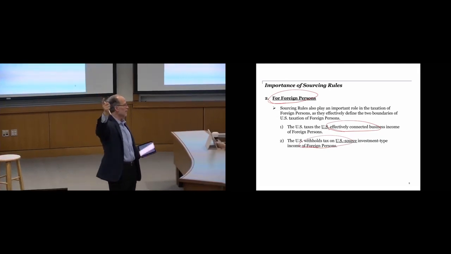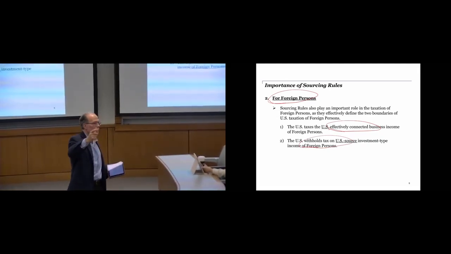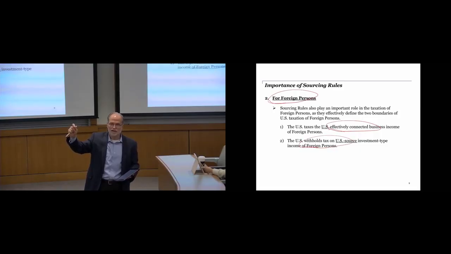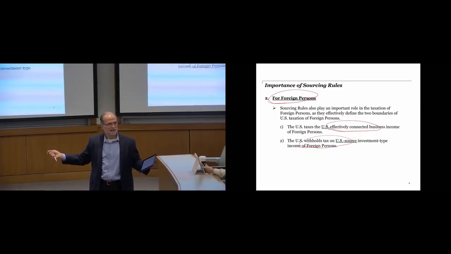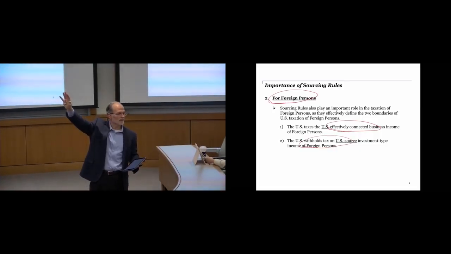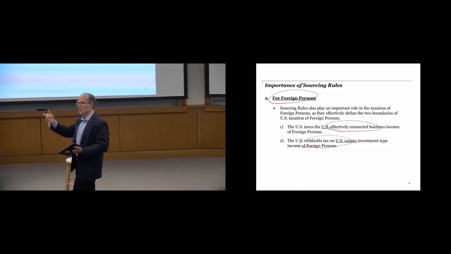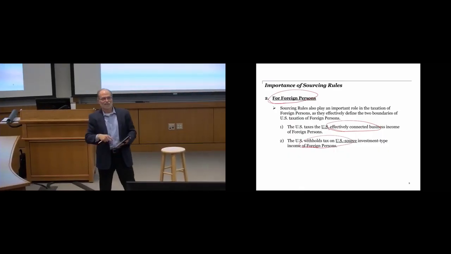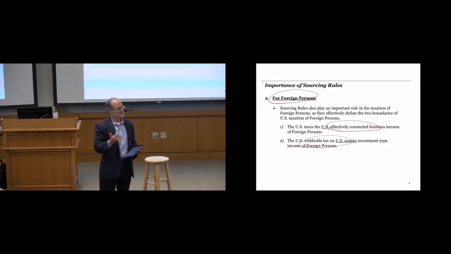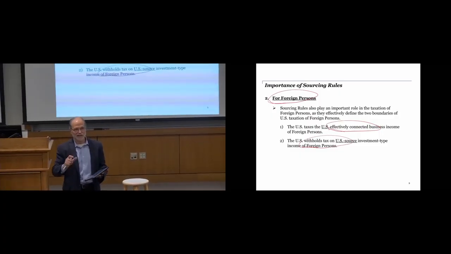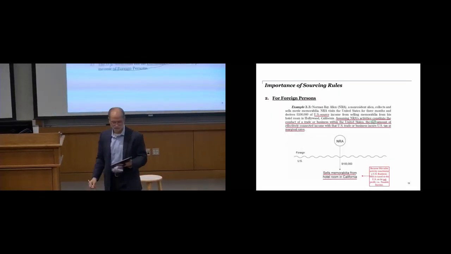Okay? If it's foreign source, the US doesn't tax it. It's the foreign person receiving foreign source income when we go through the rules on income. So it's critical there, if you're advising that client, to know whether it's US source or foreign source. You got to make sure you got your income rules correct. Okay? So that's the two instances where it's important there.